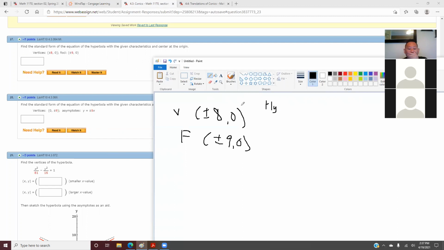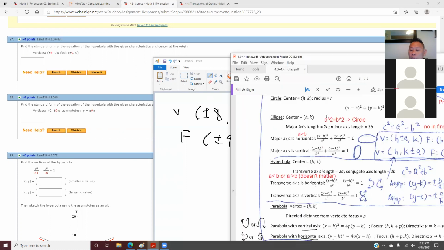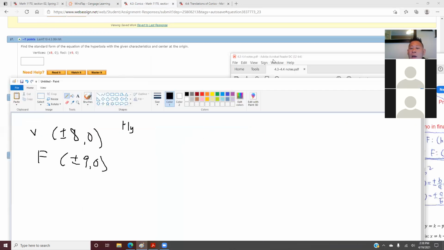Now, how do we know? For a hyperbola, we have two formulas. It is either horizontal or vertical. How do we know whether it is horizontal or vertical? I suggest you plot the points out, then you know. ±8, 0 is here.